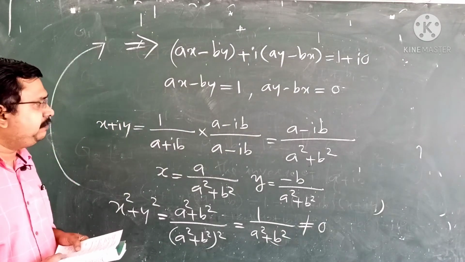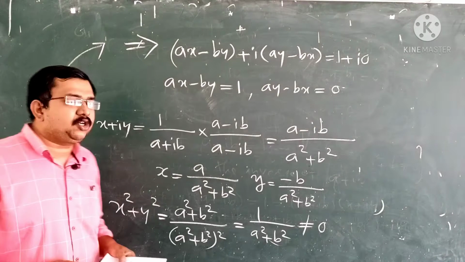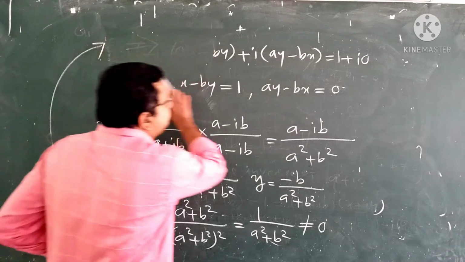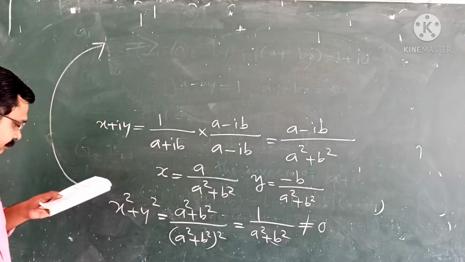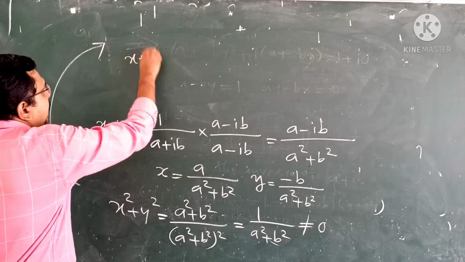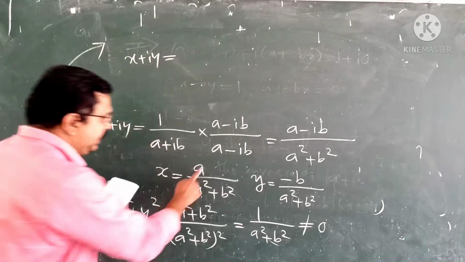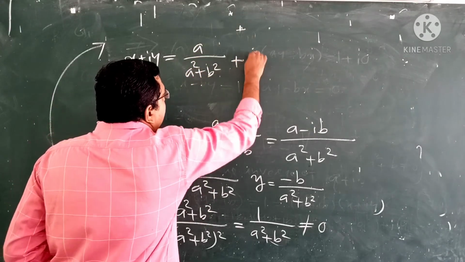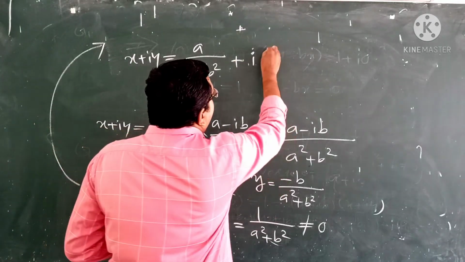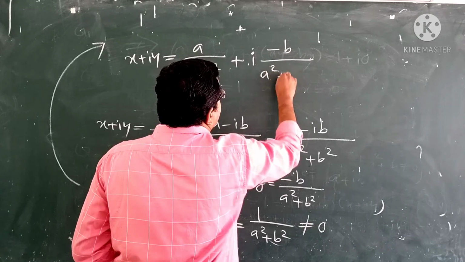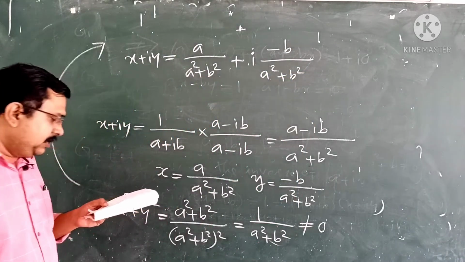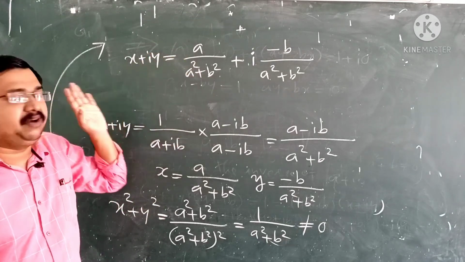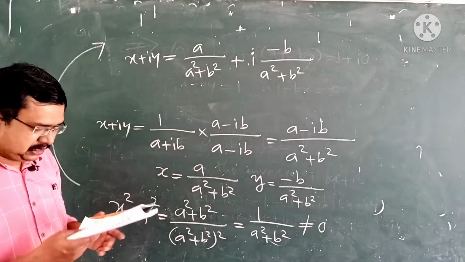Therefore, x plus iy can be written as a by a square plus b square plus I into minus b by a square plus b square. Okay, that is the inverse of a plus ib. Inverse of a plus ib is x plus iy.